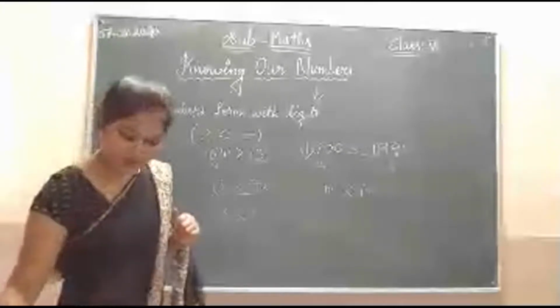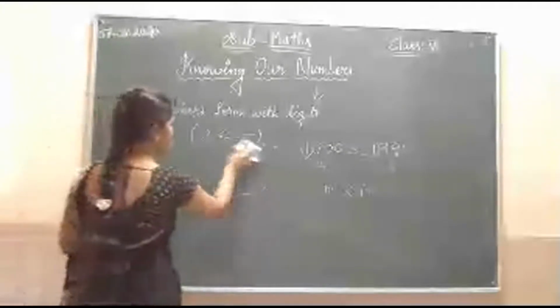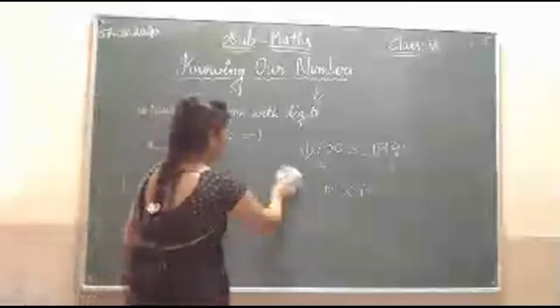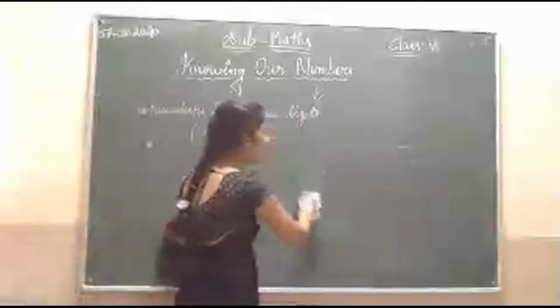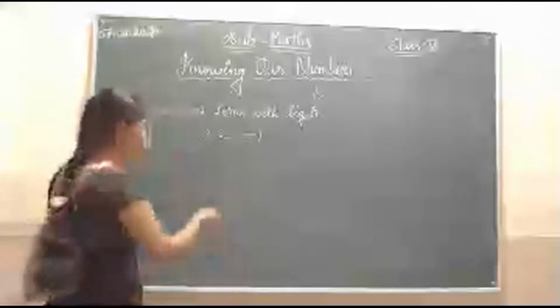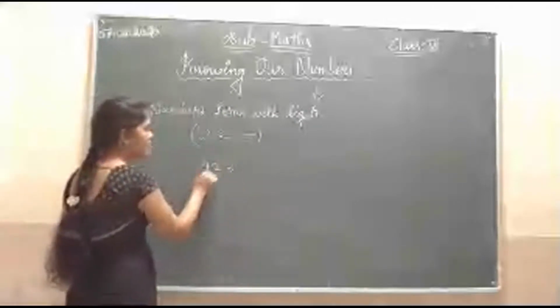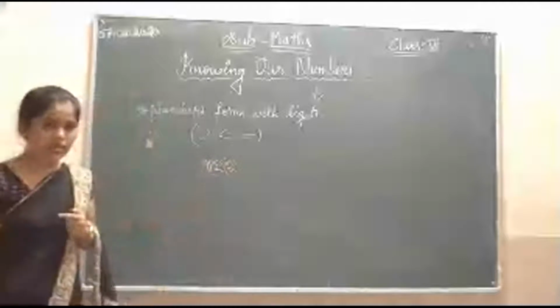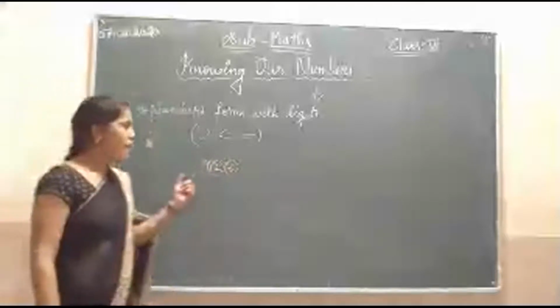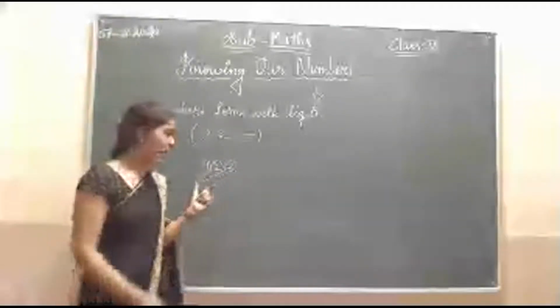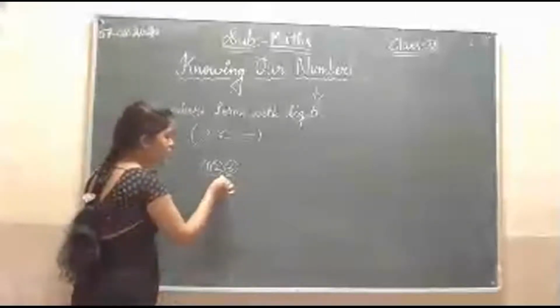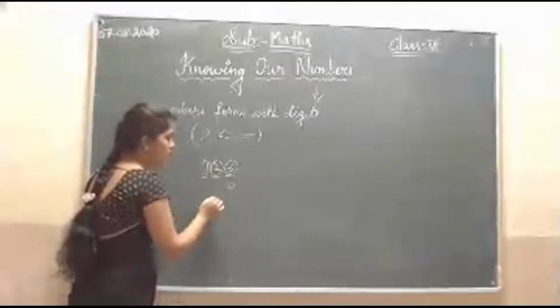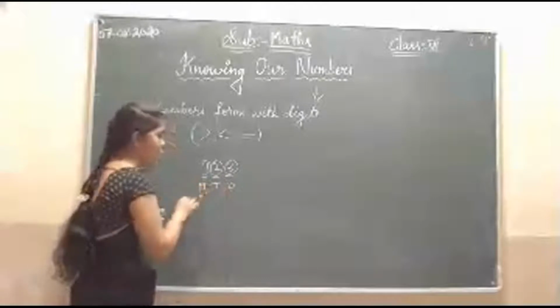In common language, we will say first place, second place, third place. But in mathematics, we will say place value. The places have some names: ones, tens, hundreds.